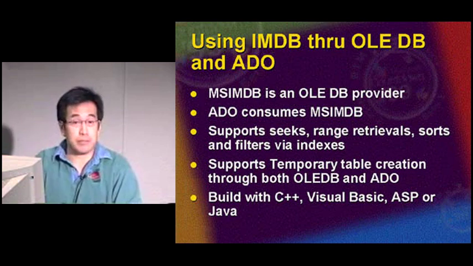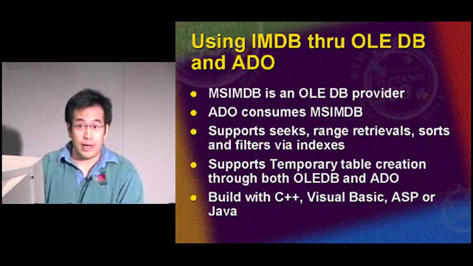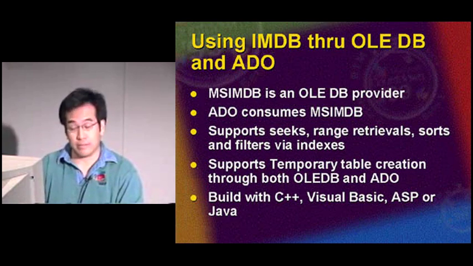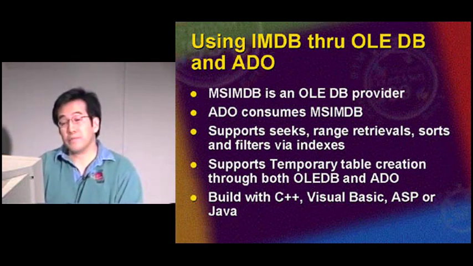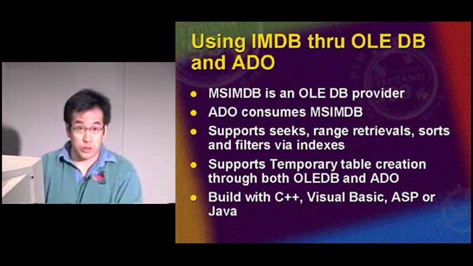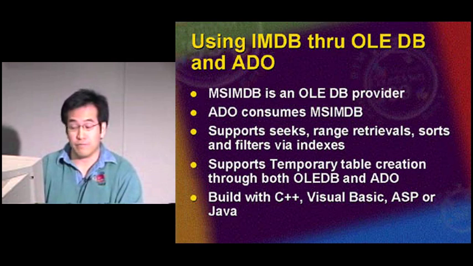In order to enable this, IMDb supports OLEDB and ADO DDL statements so that temporary tables and indexes over these temporary tables may be created in IMDb cache. It is easy to build IMDb COM+10 components via C++, Visual Basic, Active Server Pages, and Java.